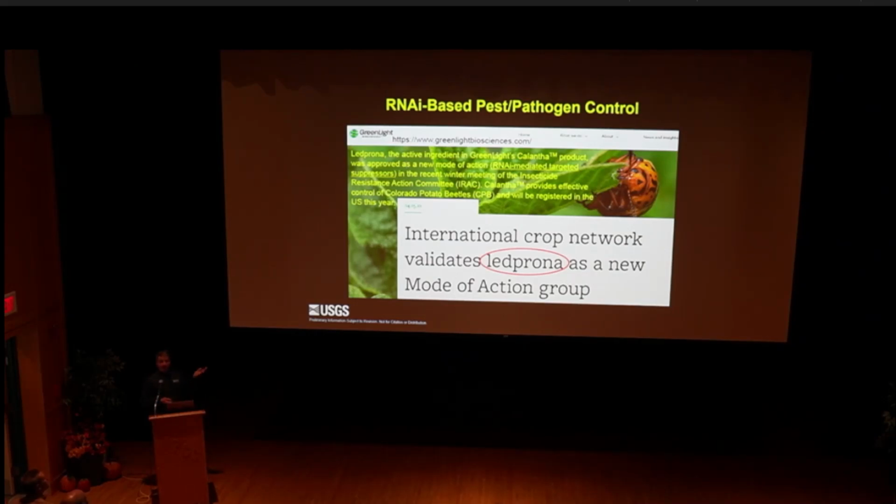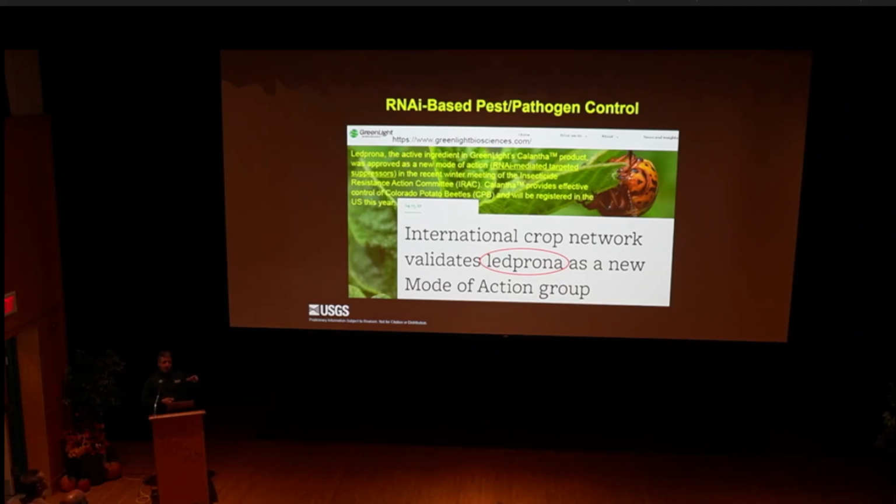There's a product out there that just came out, I believe, last year, put out by GreenLight Biosciences. And this is a product that uses ledprona as the active ingredient in a product that they put out for the potato beetle. And so the idea is that this has the RNA code for the insect.